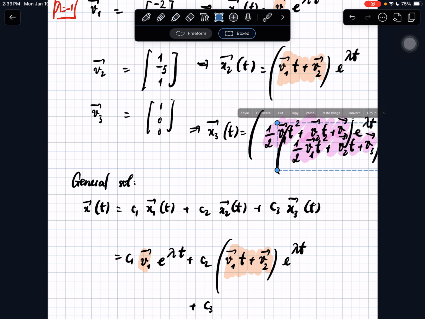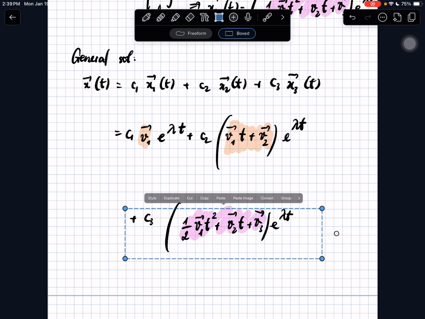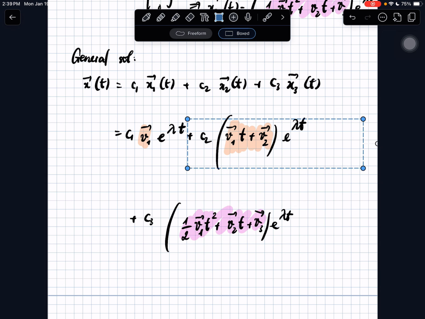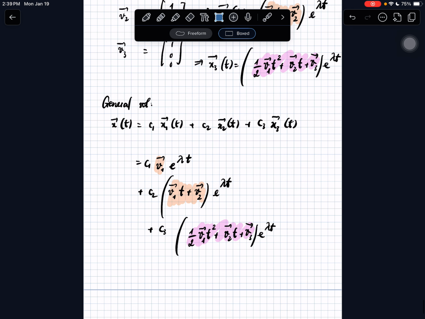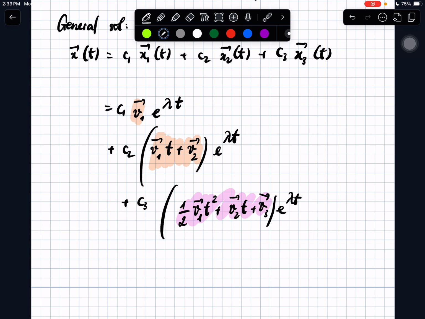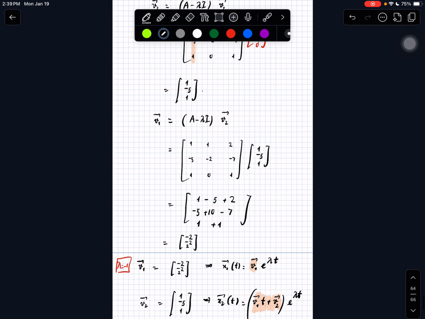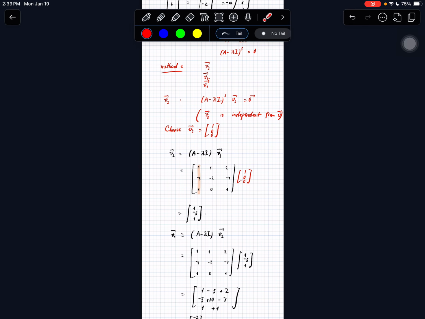We can pull the e^(lambda t) out because every term has it. Put all this v1, v2, v3 with lambda equal to minus 1, and we get the solution. Okay, that's method 1, if we construct the generalized eigenvectors like this.